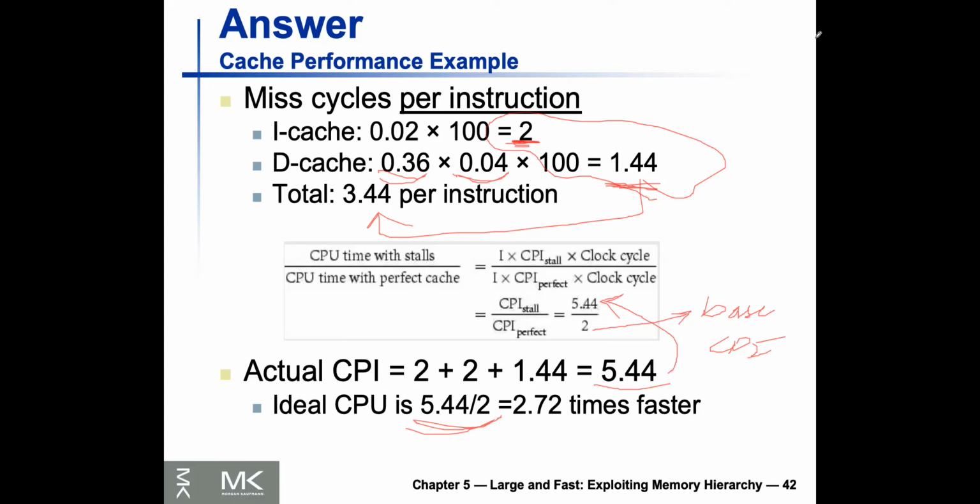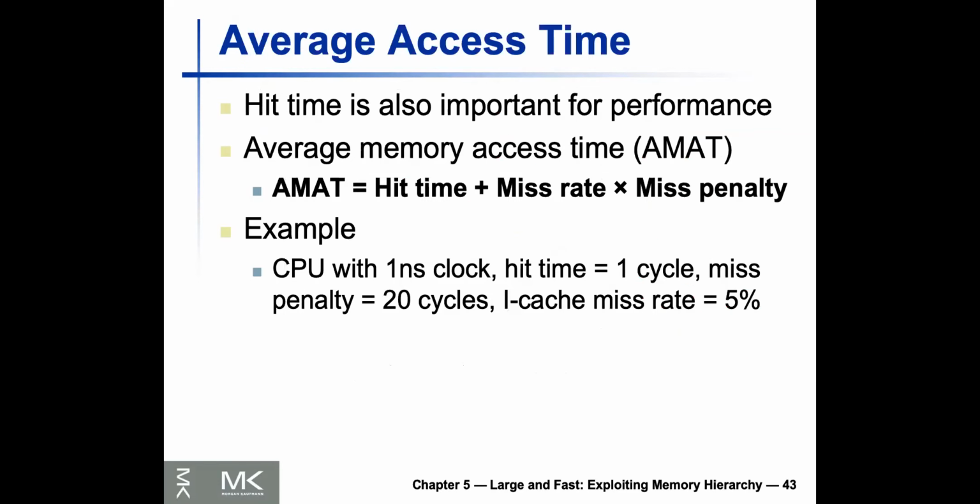There is another formula to compute the performance, which takes into account the average memory access time, known in computer architecture as AMAT. We're going to take into account the hit time, those times that everything goes as normal without any misses, because the average memory access time consists of those times that you hit the cache plus the rest of the times which you missed.